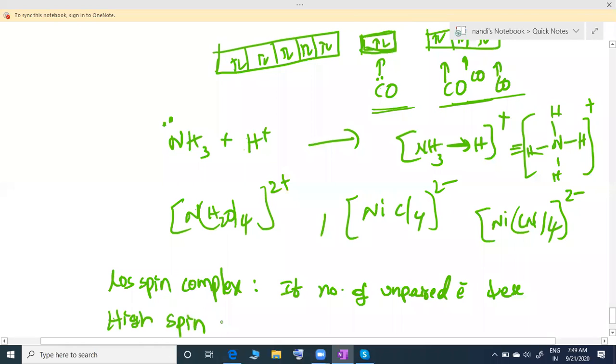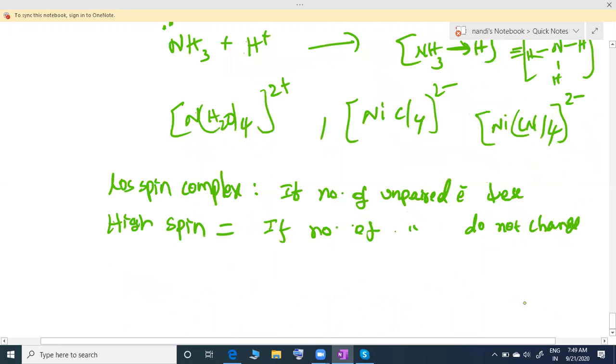High spin means if the number of unpaired electrons does not change, meaning after complex formation and before complex formation there is the same number of unpaired electrons, that is high spin. And one more point, all these are terminology of VBT, more important. Inner orbital complex.